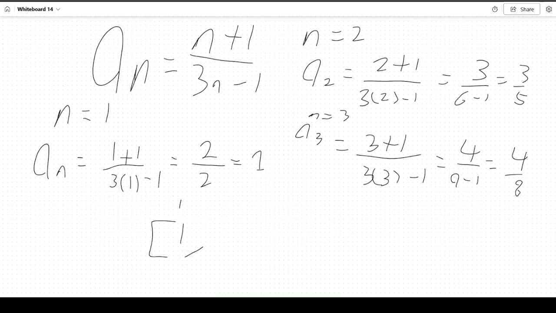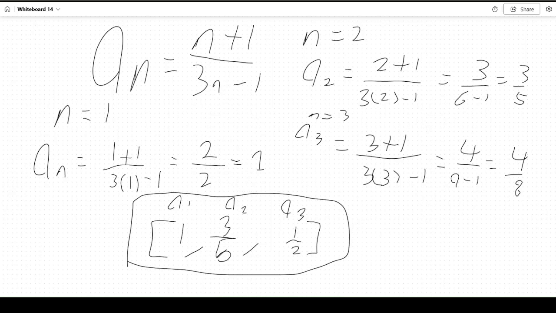So this would be a1, this would be a2, and this would be a3. And this is the answer if they're going to ask you for finding the sequence for the first 3 terms. It could be 5 terms, it could be 6 terms, but just know that you're going to plug in the terms needed for a sequence.